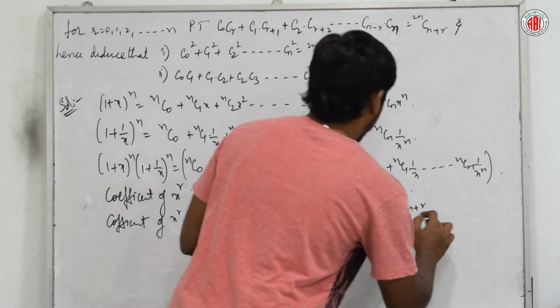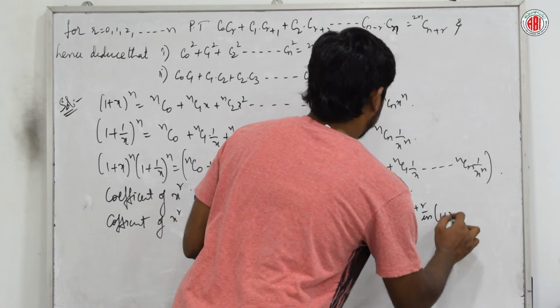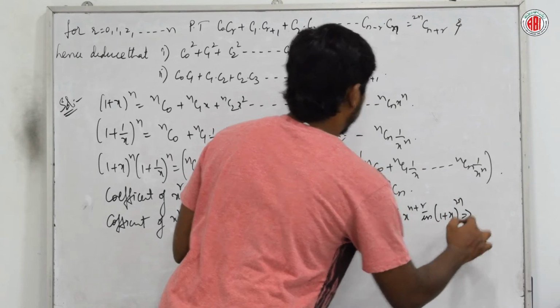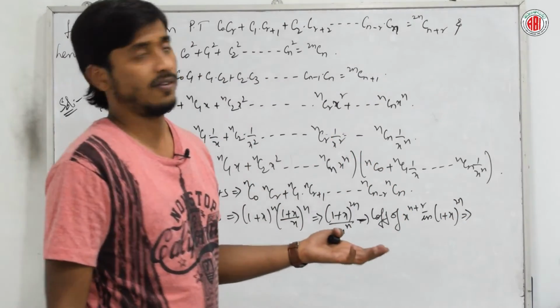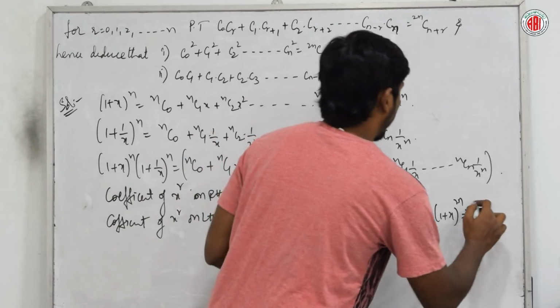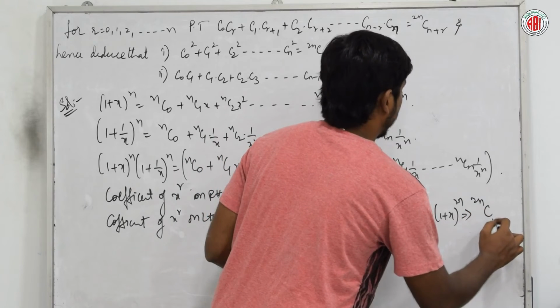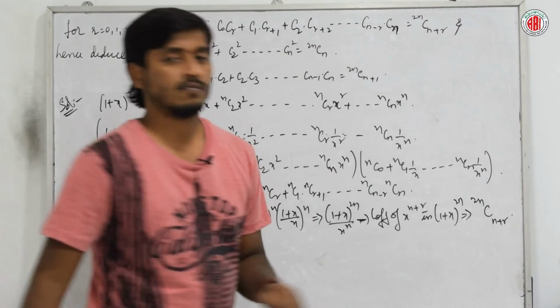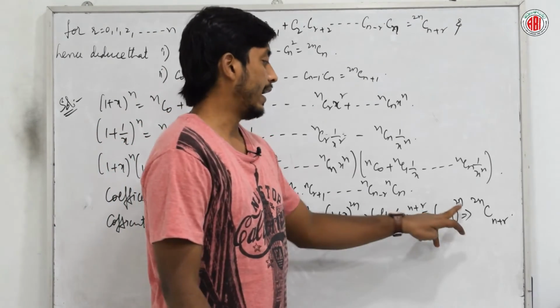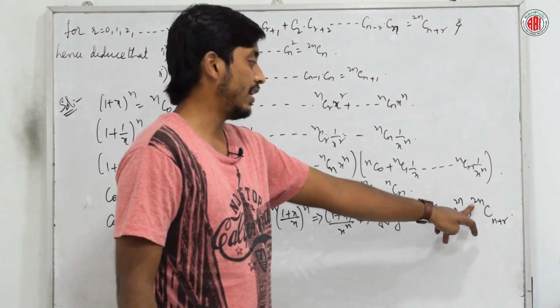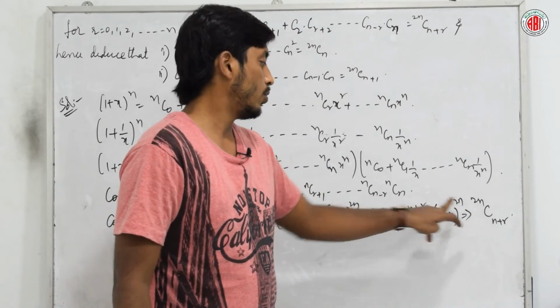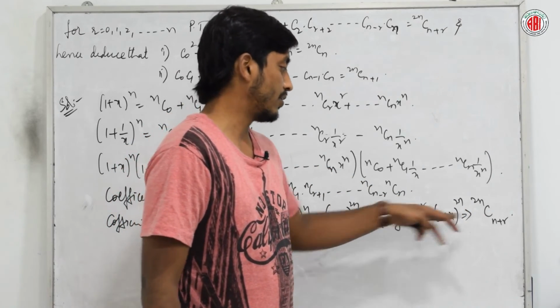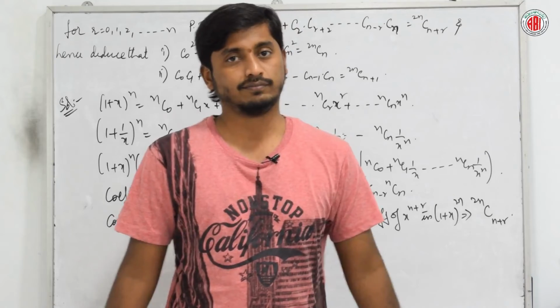It is in 1 plus x whole power 2n, what is the formula? General formula. That is nothing but 2n cn plus r. Yes or no? nc n minus r, obviously 2n c, 2n minus n minus r, if you do that also you will get it as n plus r.